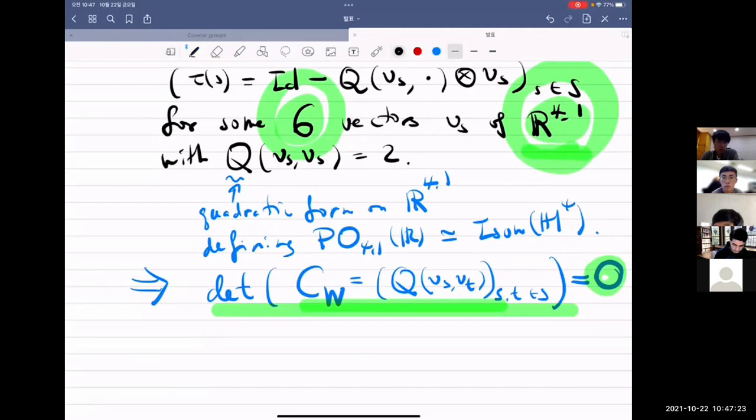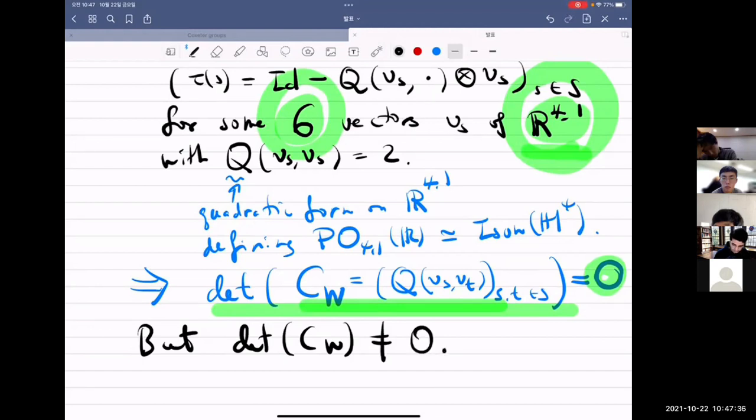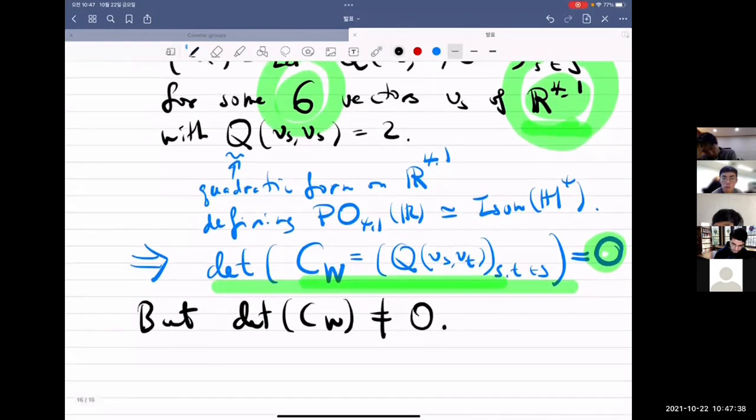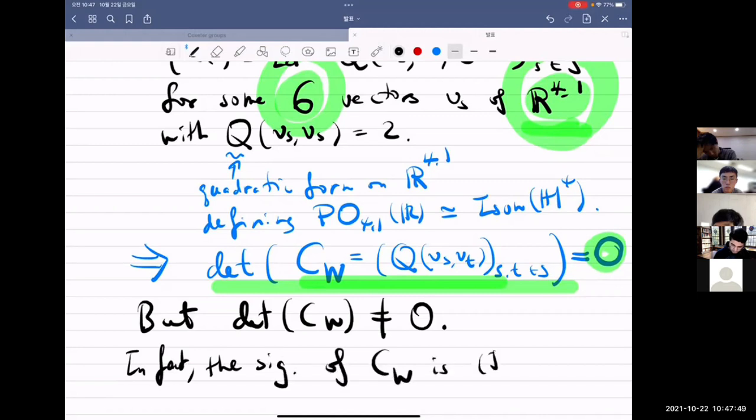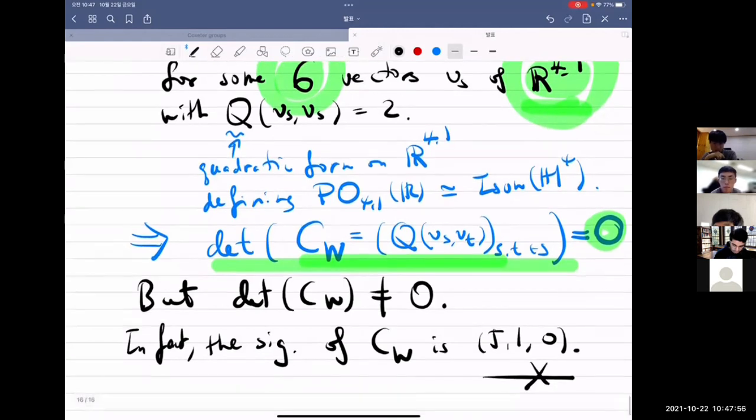But if we compute the determinant of CW, it is non-zero by computations. In fact, the signature of this Cartan matrix is (5,1,0). So this is a contradiction, and this is the end of the proof.